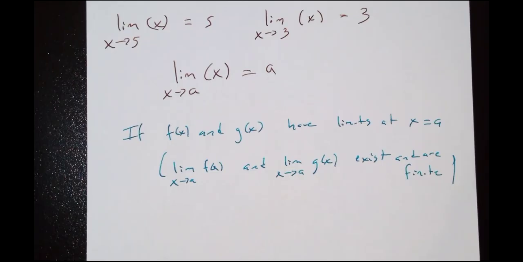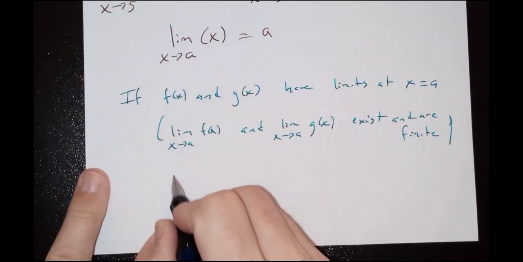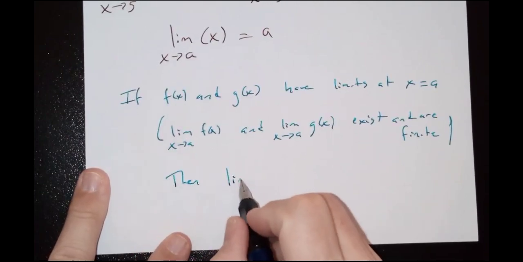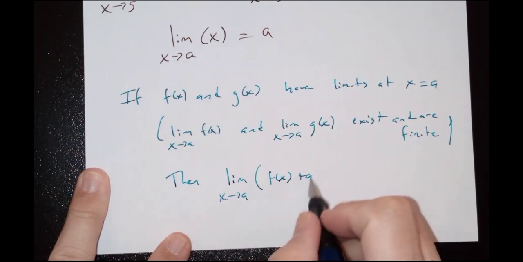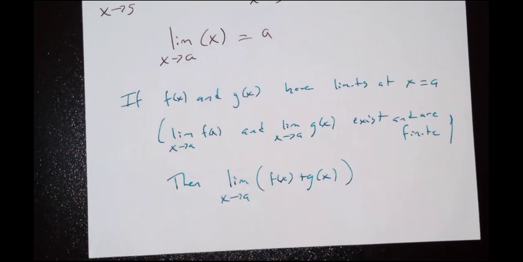Then, what do you think should happen if I look at the expression made out of adding f of x and g of x and take the limit of that as we approach that same point a?